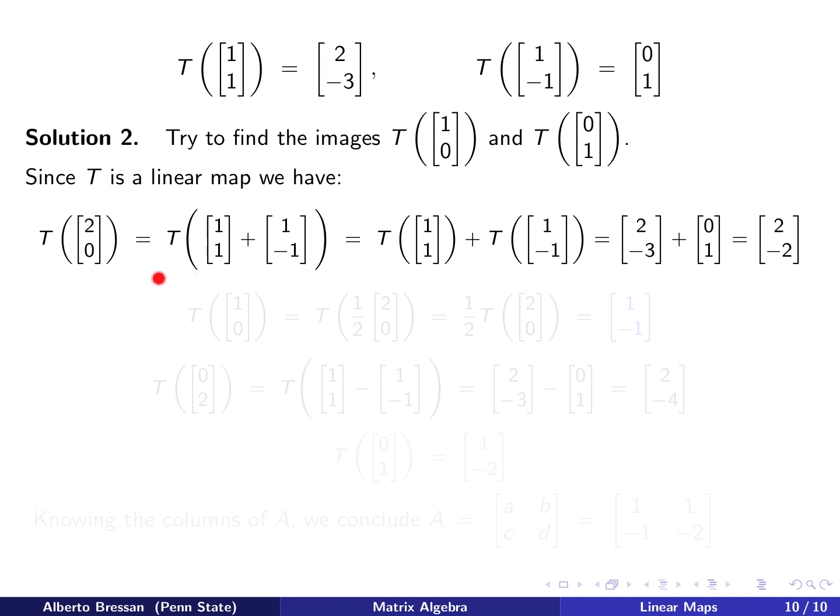And by the linear mapping property, this equals the transformation of each of them added up. The transformation of each of these we know exactly, so we put them here and work out the summation of these 2 vectors. I get this.